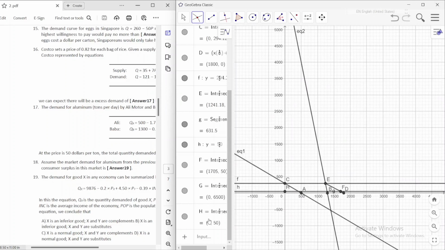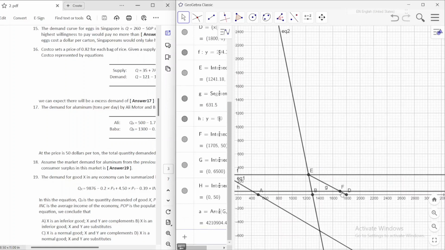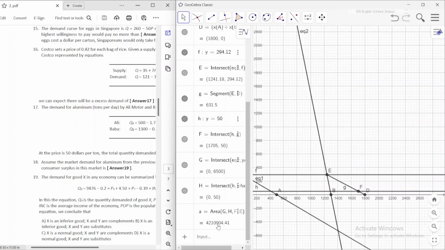Okay, this is H. So let's find out the area. This is area G H and this is F, right? Okay, so this is F and E. So as you can see, this is a very large number, but this is the consumer surplus. Okay, now let's move on to the next question.